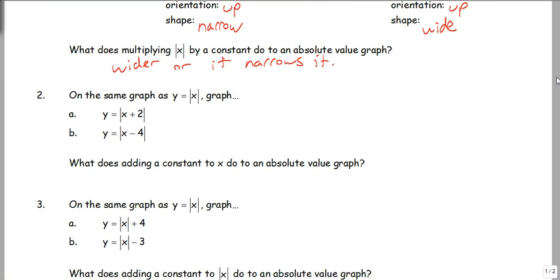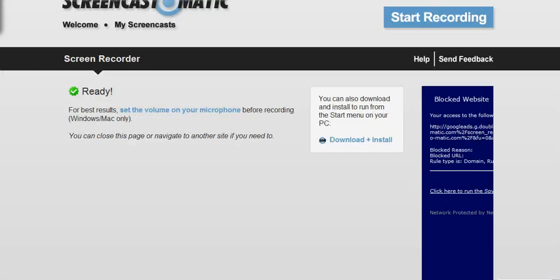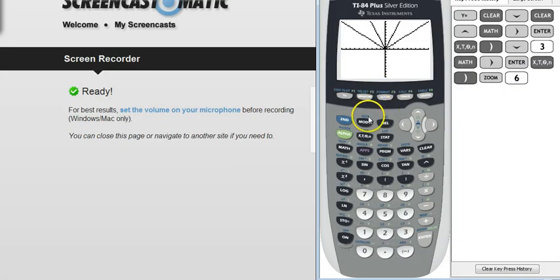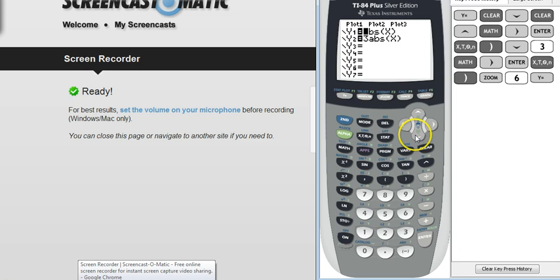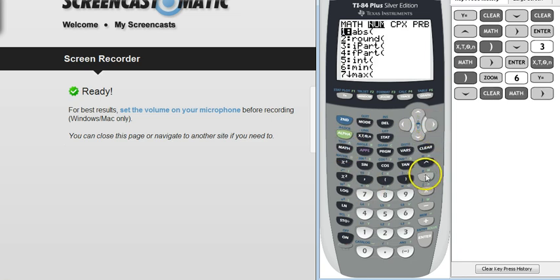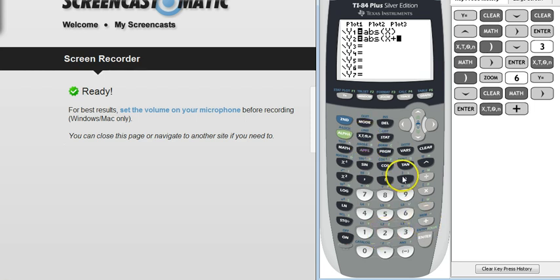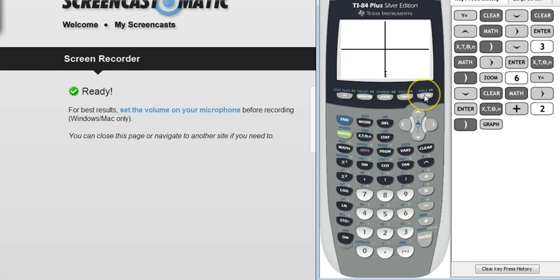On the same graph as y equals absolute value of x, graph y equals absolute value of x plus 2 and absolute value of x minus 4. Alright, let's look at that then. So there's the original, and now we're going to do the absolute value of x plus 2. And let's take a look and see what happens.